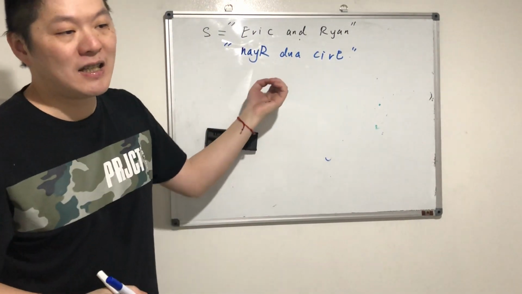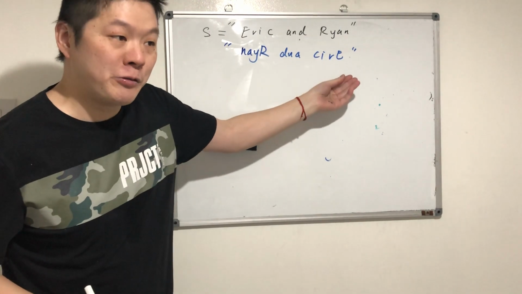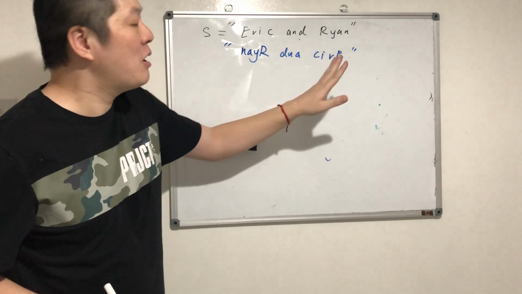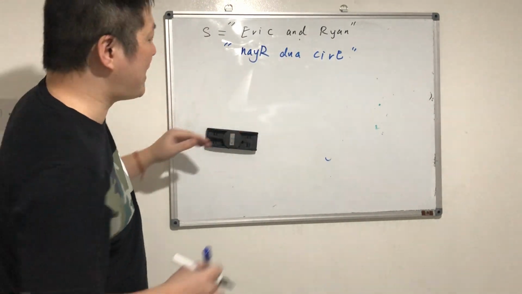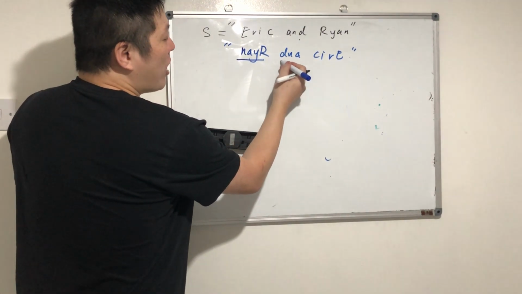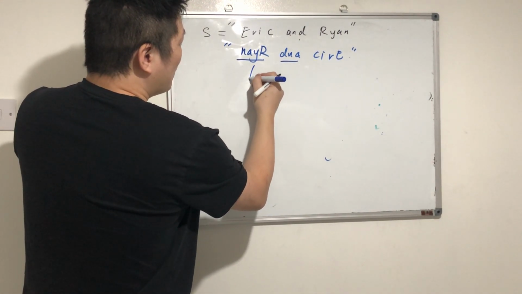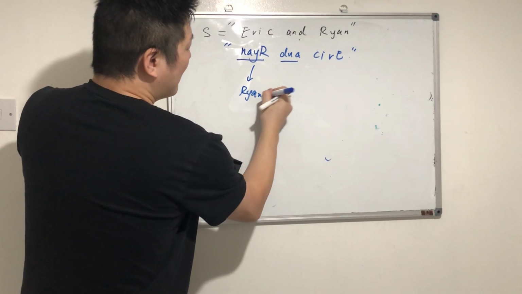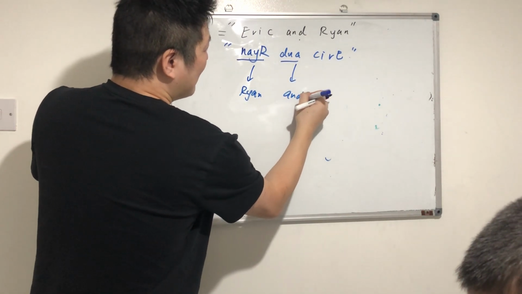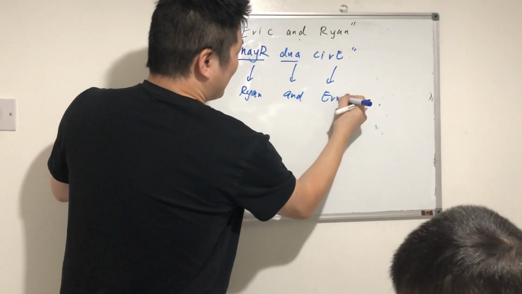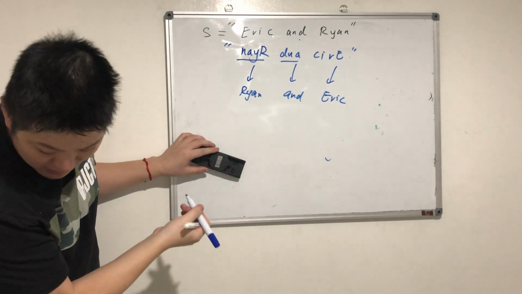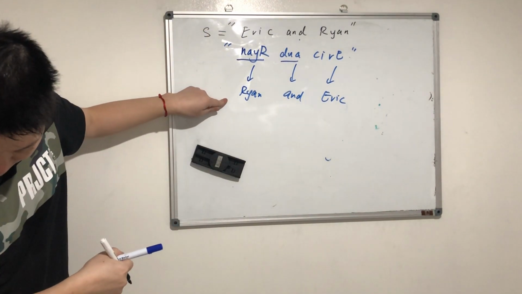So this is not what we want. And then the second step is to reverse the words. So this will become Ryan, this will become and, this will become Eric. That's what we want.